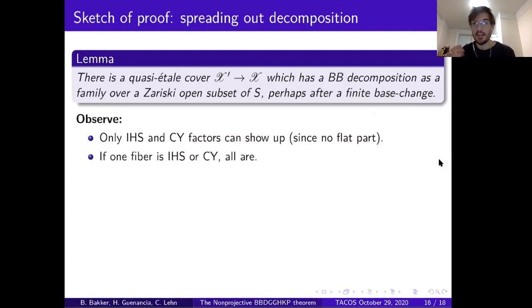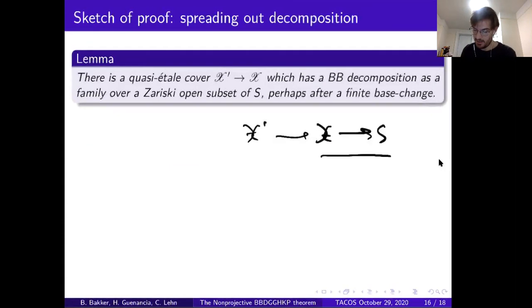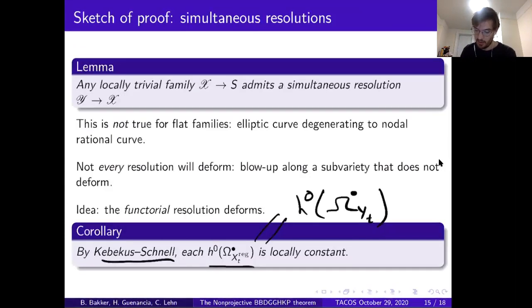Second observation, and this uses the corollary we just proved, is if one fiber is irreducible holomorphic symplectic or Calabi-Yau, then in fact all of the fibers are. And that's because, let me just go back to the corollary, that's from this corollary.